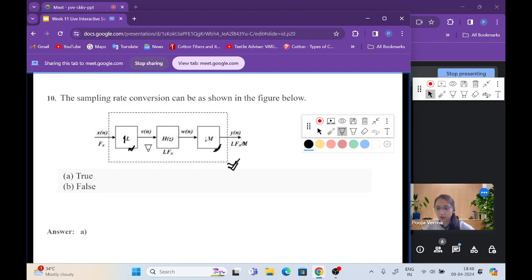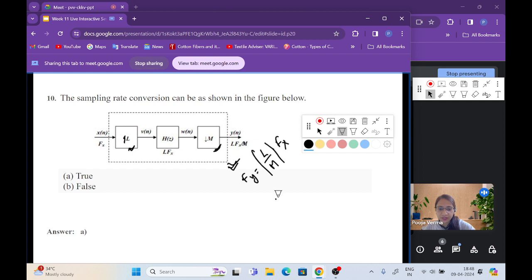Here we can also see that the interpolator and decimator are cascaded together to perform sampling rate conversion by a factor L by M, or we can say that Fy is equal to L by M into Fx.